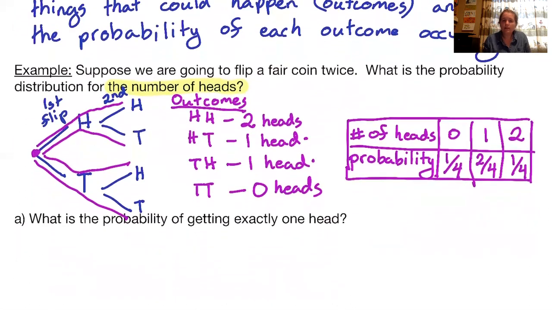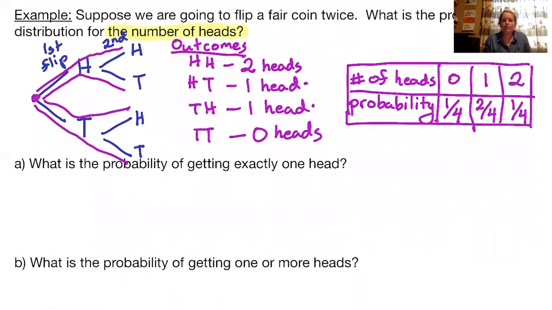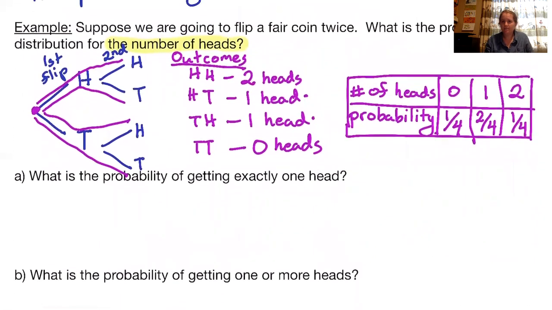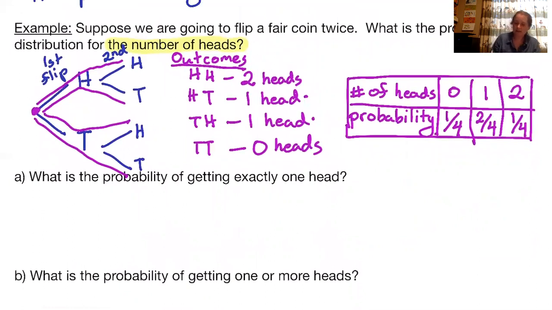So then reading this, if I want to know the probability of getting exactly 1 head, well, we can read that straight from the table. The probability of getting exactly one head, we look in the table for one head, and then we find the probability of 2/4 or 1/2.